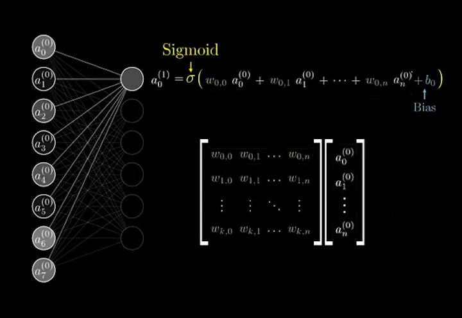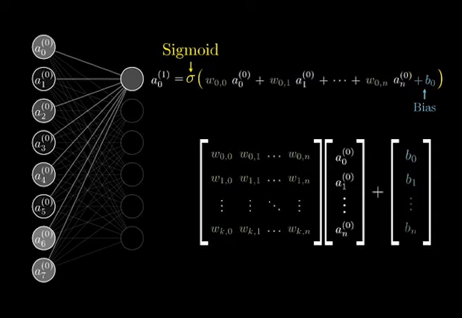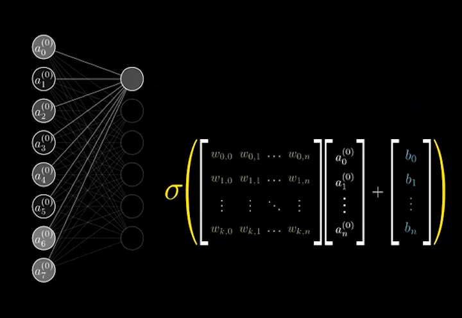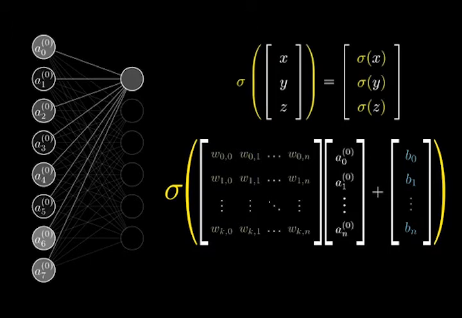Back to our expression, instead of talking about adding the bias to each one of these values independently, we represent it by organizing all those biases into a vector, and adding the entire vector to the previous matrix vector product. Then, as a final step, I'll wrap a sigmoid around the outside here. And what that's supposed to represent is that you're going to apply the sigmoid function to each specific component of the resulting vector inside.